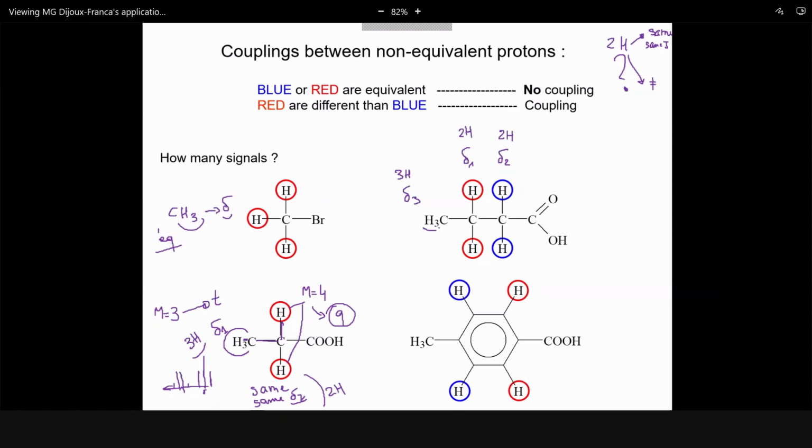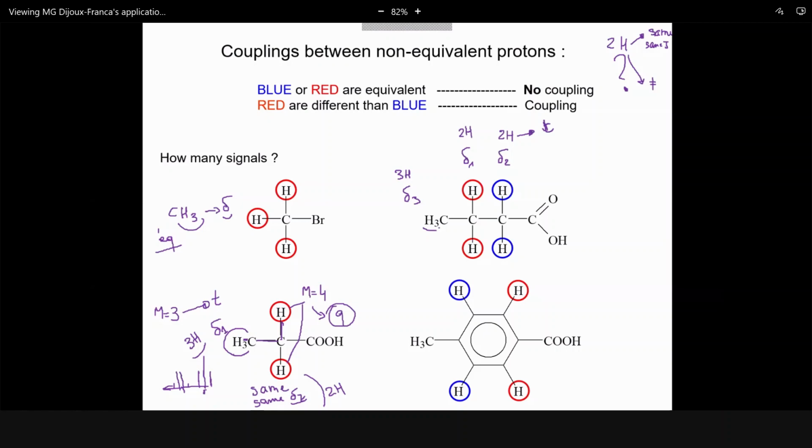And if I check the multiplicity, for the blue one, I have coupling with 2 protons, which are the same distance, same chemical shift. So the multiplicity M equal to 2 equivalent, same distance, same chemical shift. So I will have a triplet.